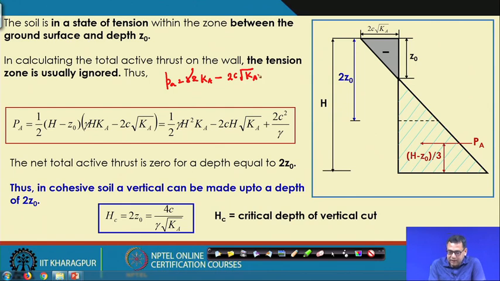That means up to z_0, the negative part is more compared to the positive part. After that the positive part will increase.